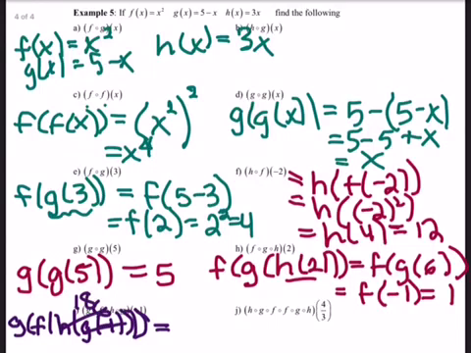If I plug in 18 for f, 18 squared is 324. And g of 324 is negative 319. Okay, I want you to try j for yourself.